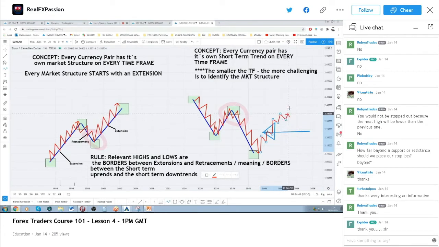And if it breaks the structural high, and this happens a lot on the 15-minute chart, then you need to reverse your structure. Then you don't have a down structure anymore, you have an up structure. And the smaller the time frame, the more this is going to happen. Okay?